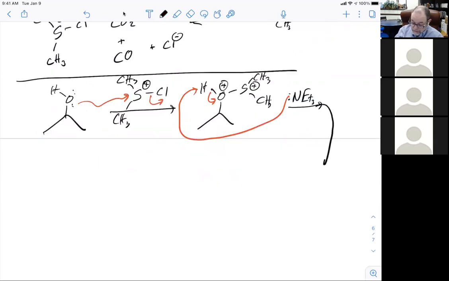Let's turn the corner. I'm going to put an extra couple of electrons in here.